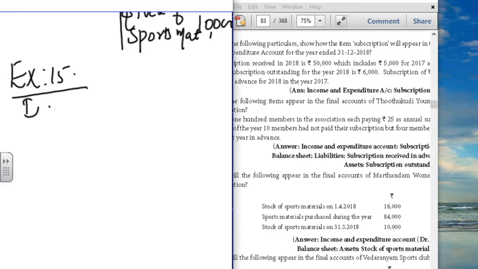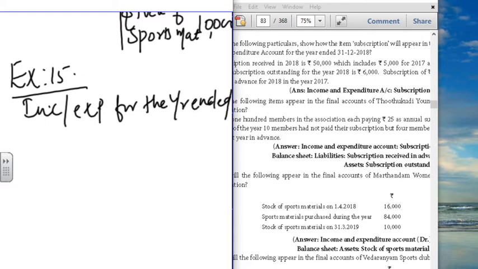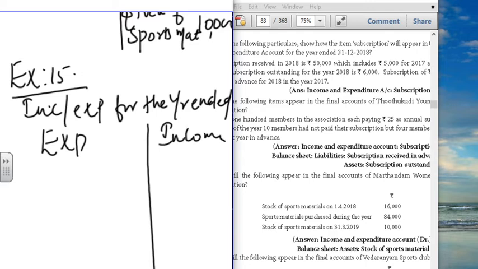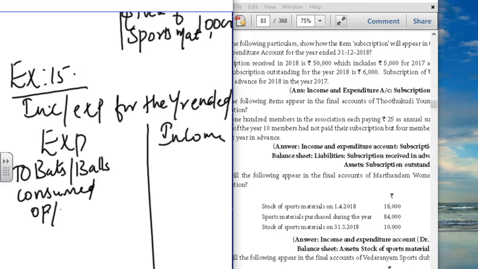We'll write the heading as income and expenditure account for the year ended. They have not given the year, so it's year ended. Expenditure and income. It will appear only in the expenditure. So bats and balls consumed, that is opening stock, amounted to 3,000.